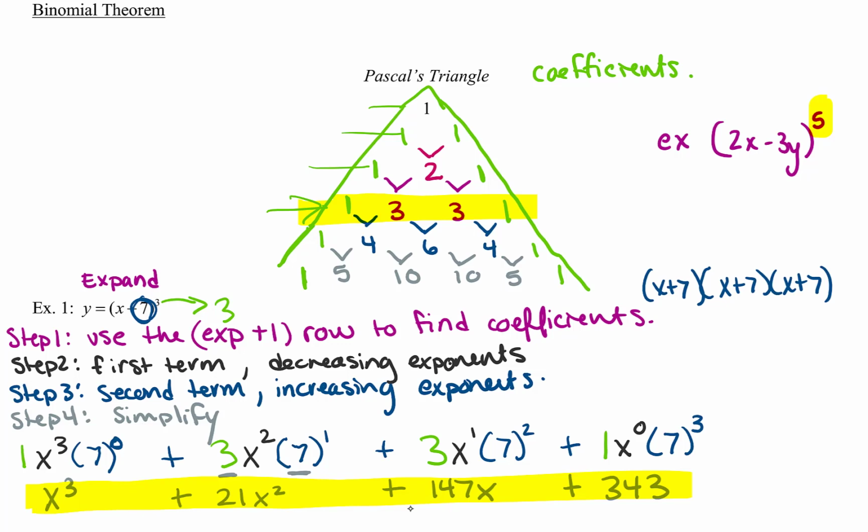But sometimes the exponent could be a lot higher. It could be a 5, it could be a 7, and we don't want to spend our time constantly just doing multiplications. So we use the binomial theorem, which is this method of Pascal's triangle, and then patterns, to actually come up with the expansion of the binomial.